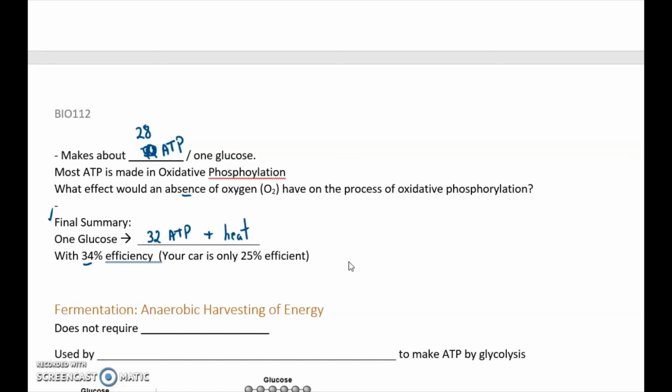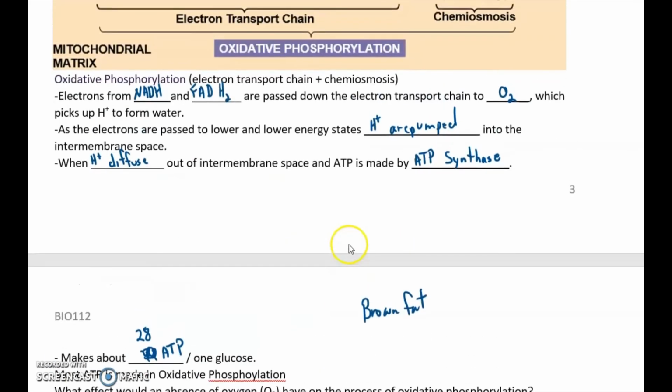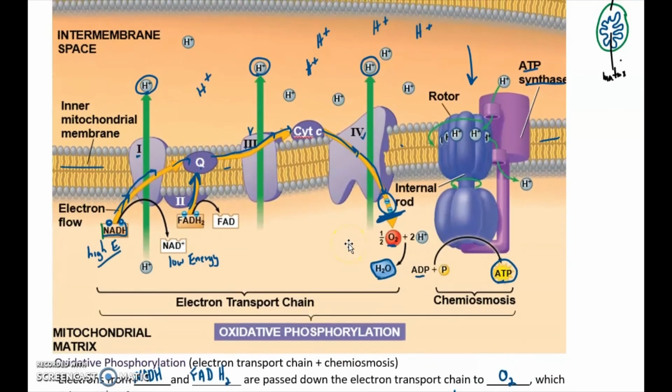So in brown fat, the membranes are breached here. This membrane will have holes in it so that the hydrogen ions can leave without going through the ATP synthase.